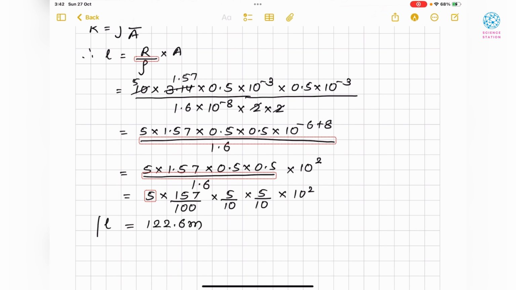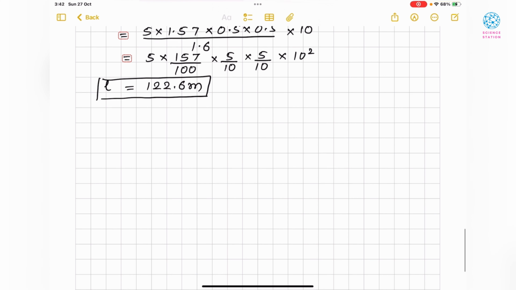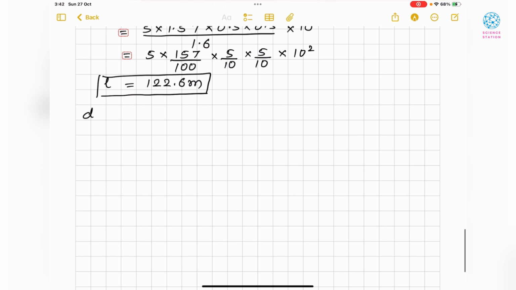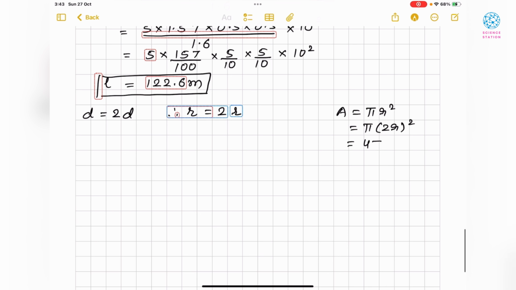So I got L equal to 122.6 meter. Now in the second case he is saying if D becomes 2D, so therefore r will be equal to 2r and A will be pi r square, so that is equal to pi into 2r whole square. So that will be 4 pi r square.